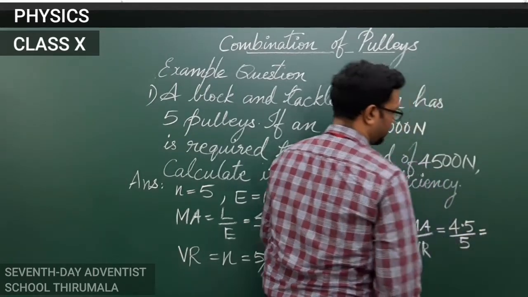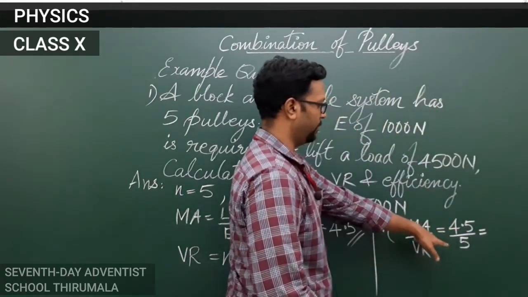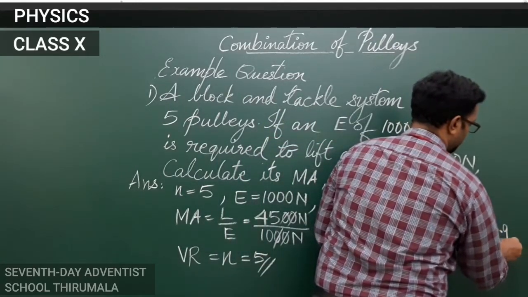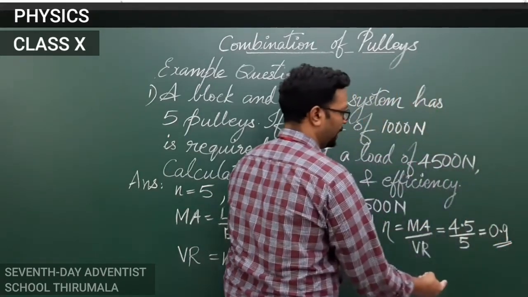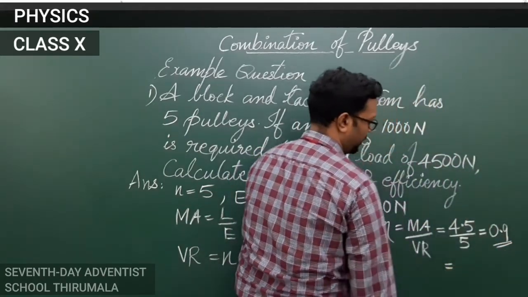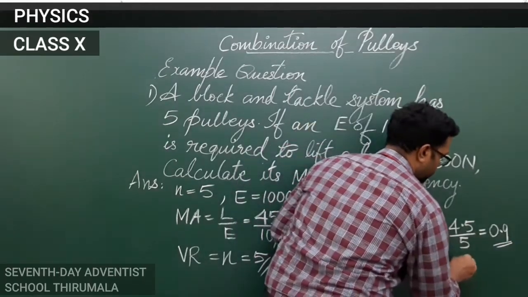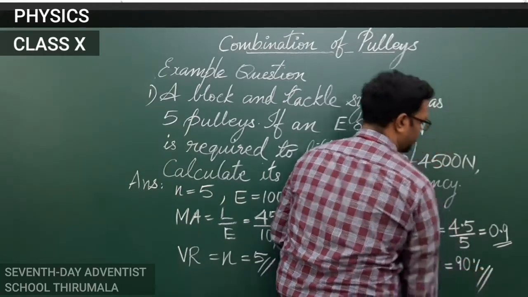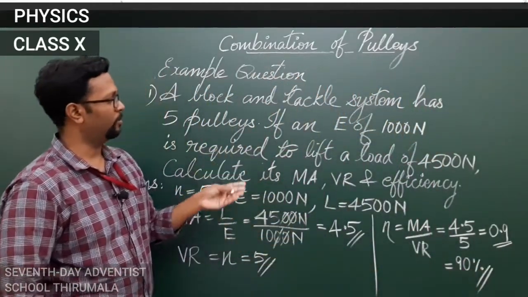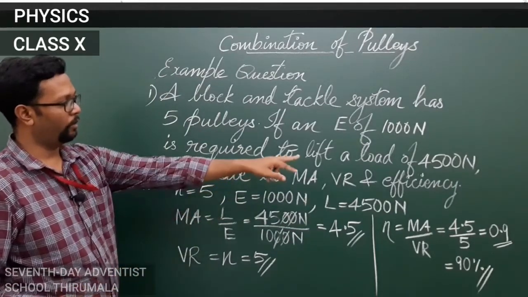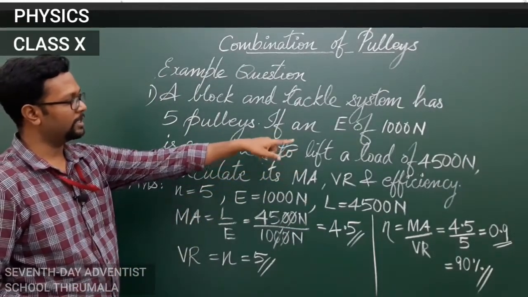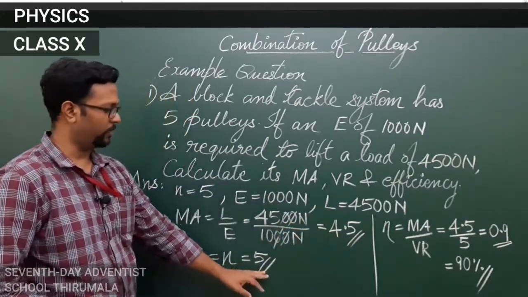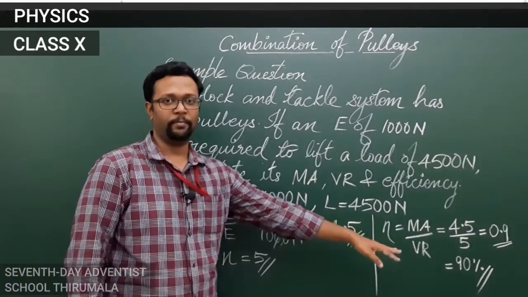What is 4.5 divided by 5? 45 by 5 is 9, so it will be 0.9. When you multiply it by 100, you will get the answer in percentage. 0.9 into 100 is equal to 90%. So this block and tackle system, which can lift a load of 4500 by an effort of 1000, has a mechanical advantage of 4.5, velocity ratio of 5, and efficiency of 90%.